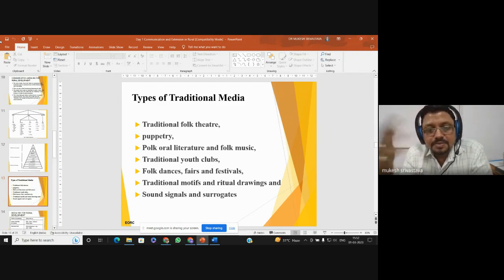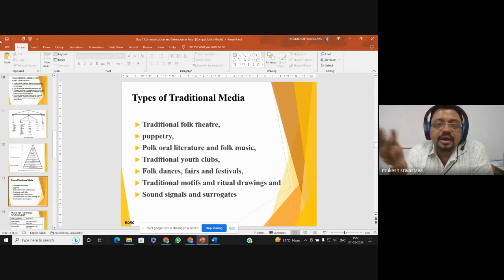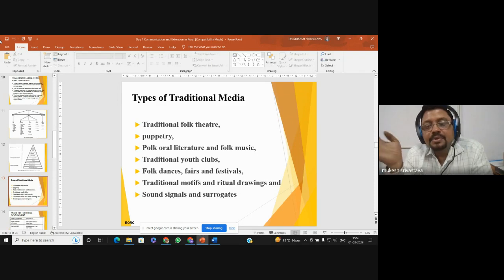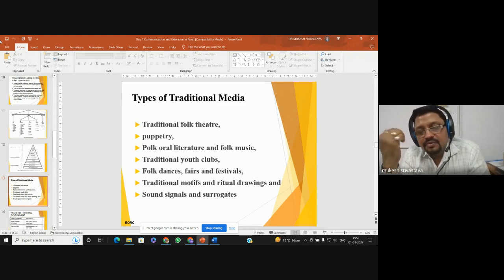We can spread out these traditional motifs and ritual drawings. Obviously, there are some specific traditional motifs relating to each and every village or area, and there are some rituals which every rural area performs. So if we can draw certain conclusions out of that, and give some information, or use our information in convergence with those ritual informations, it will be very well received.